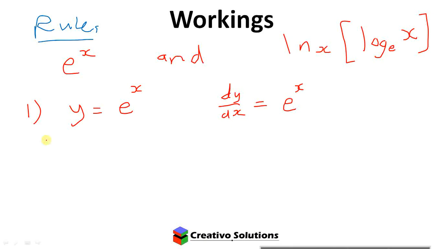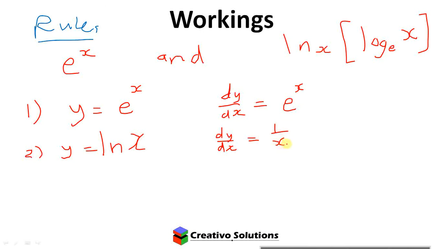Right, when you have ln, so now if the function is this, second scenario, y equals ln x. Okay, when I have ln x, if I wanted the derivative, which is dy over dx, then I need to remember that I need to write down 1 over x.